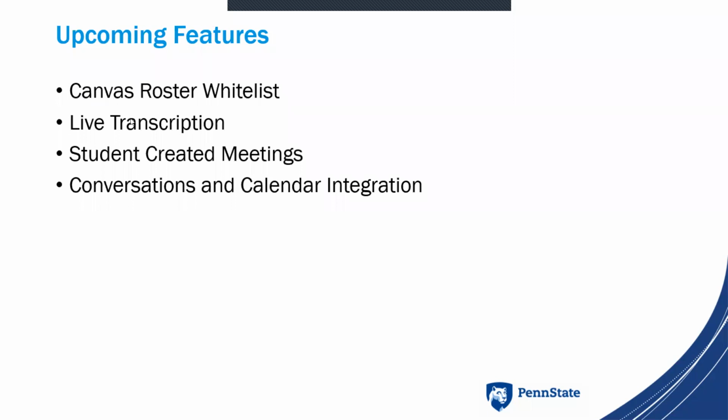Also the live transcription and captioning, the ability for students to create meetings, and conversations and Canvas calendar integration, so that it will put the information in students' calendar or into their inbox when you create a Zoom meeting in their class. Some of these are upcoming and some of these we're waiting on security enhancements for.